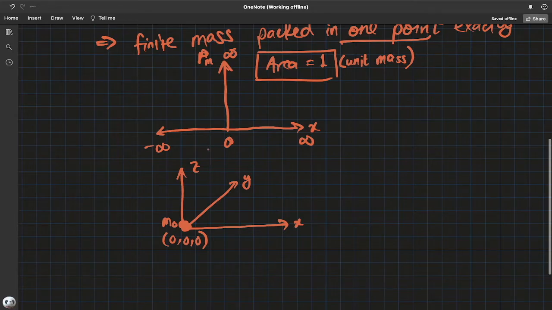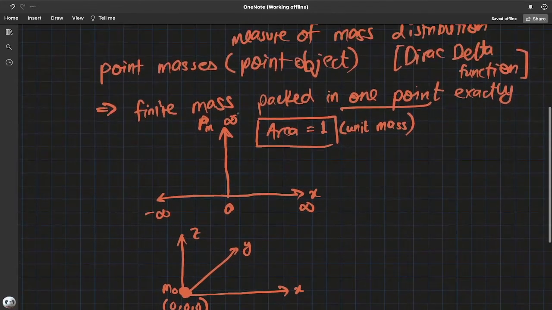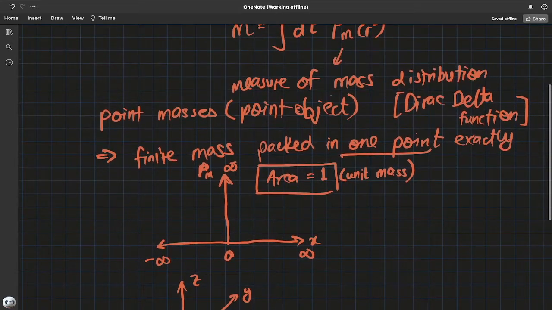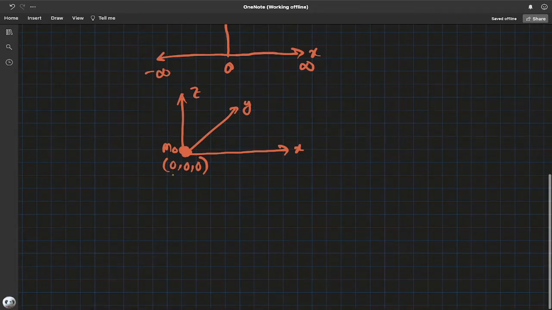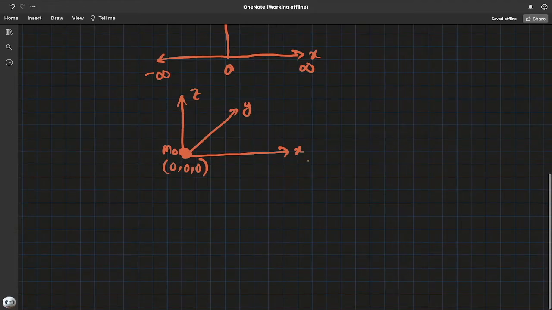So whenever stuff looks like this, with an infinite spike at one single point but with a finite area, you know you have to use the Dirac Delta function. Okay, so for a point mass, say m naught, the way we can represent this is, consider this volume integral.